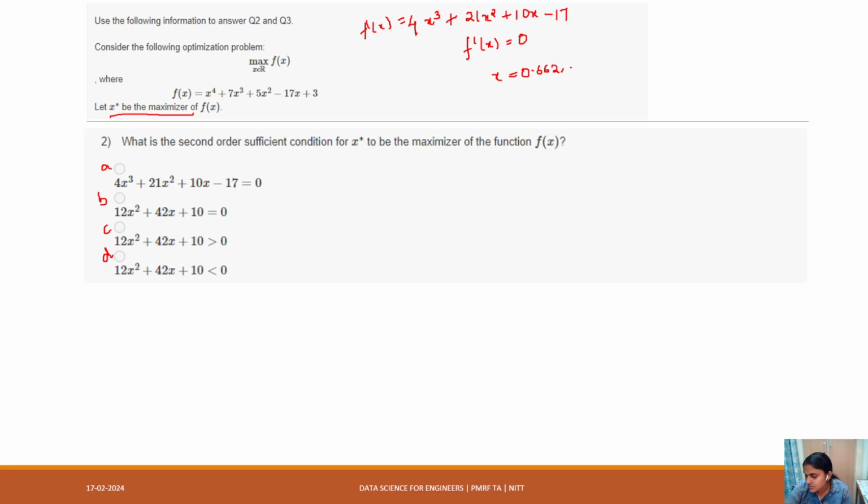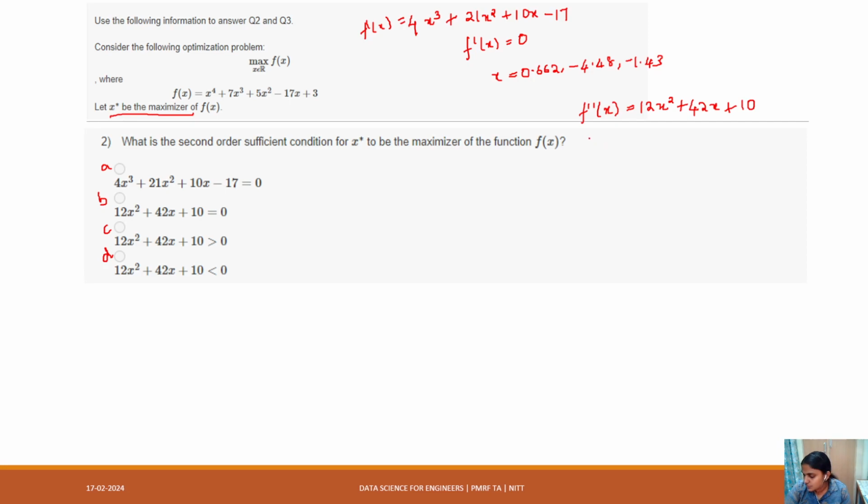You can solve this and get the answer. Then f double dash of x we will find, which is 12x square plus 42x plus 10.